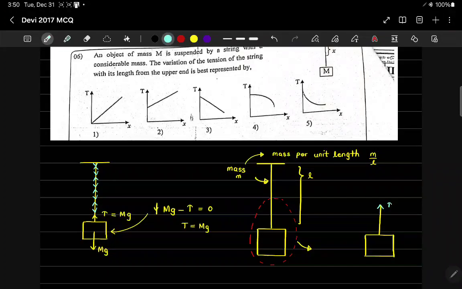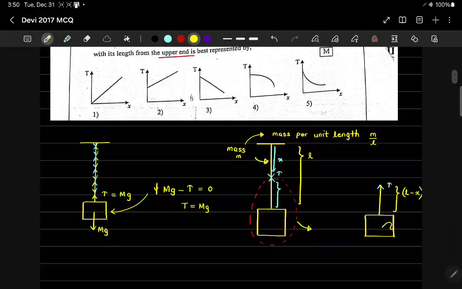The tension T in the corner, which should be counterbalanced by the tension here, and let's say that this portion over here is L minus x, because in this question they are asking us the variation of tension from the upper end. So let's measure the distance x, as they have stated, from this top end. If so, the remaining portion should be L minus x.